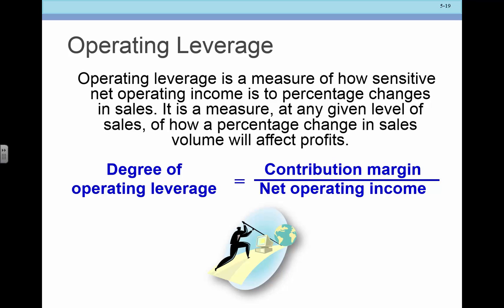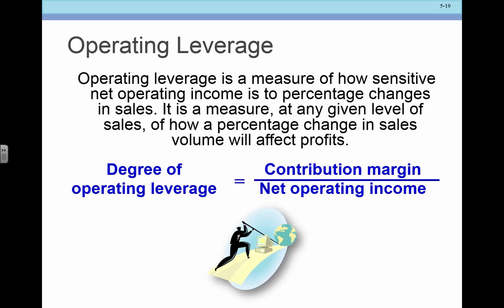So you want to know, in addition to break even and contribution margin and margin of safety, how sensitive is the change in sales going to be to my bottom line. And that's all about what's my cost structure.